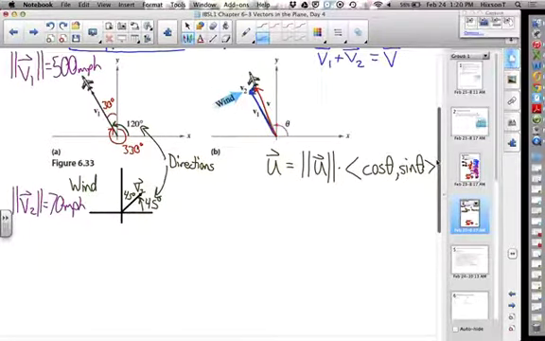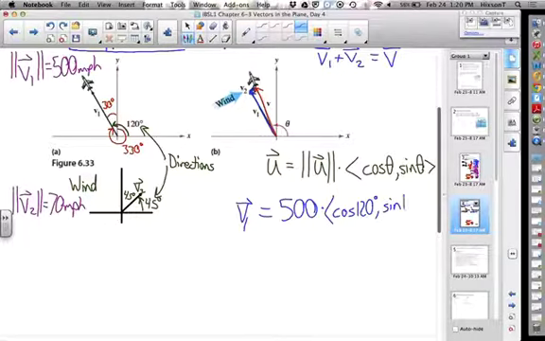Watch as I do the airplane and then I'm going to have you do the wind. If I'm finding V1, I take the magnitude, which is 500, and multiply that by the cosine of 120 degrees and the sine of 120 degrees, both of which you should know.